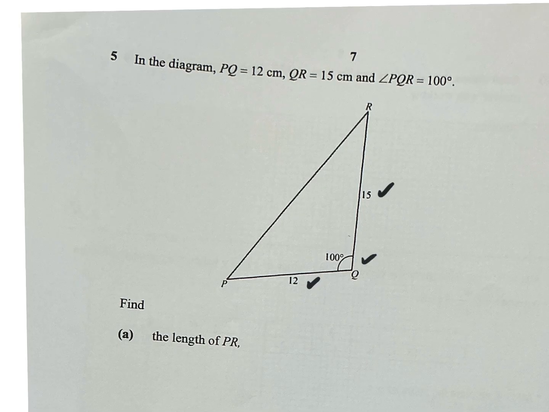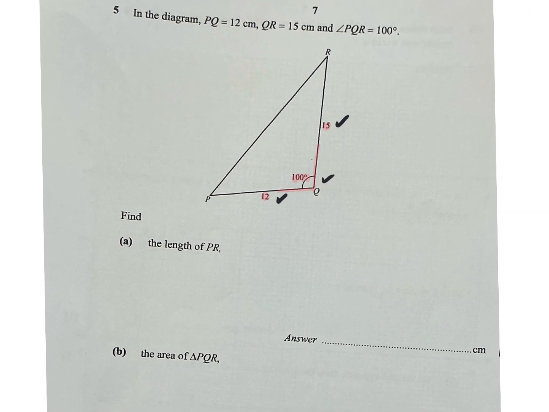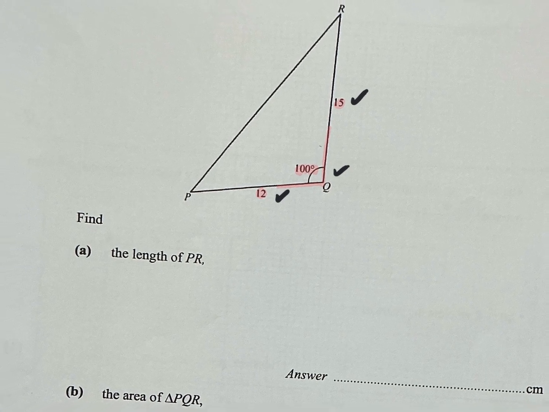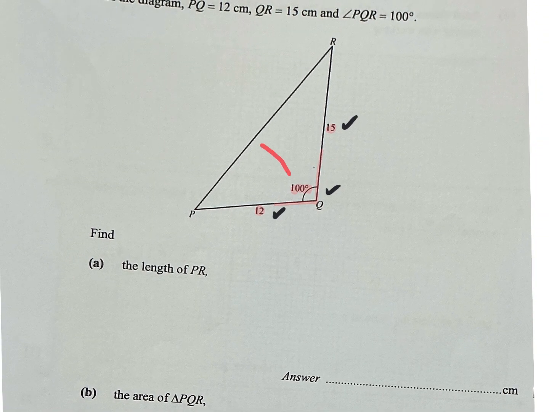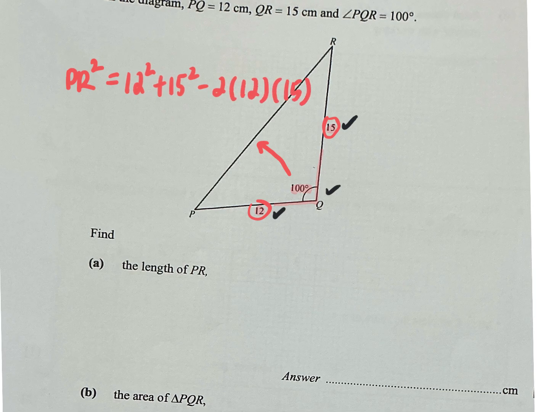Cosine rule. So remember when you have the letter V, where two lengths and the angle in between is given to you, use cosine rule. Remember the angle is always opposite the side you are finding. So PR square is the sum of squares of the other two sides, minus 2 times the product of these two lengths, followed by cosine of the angle between them.